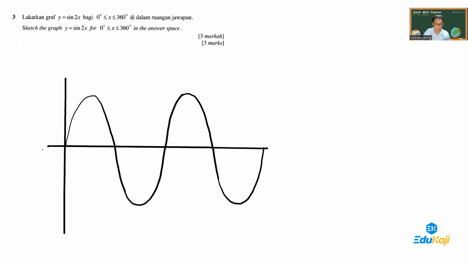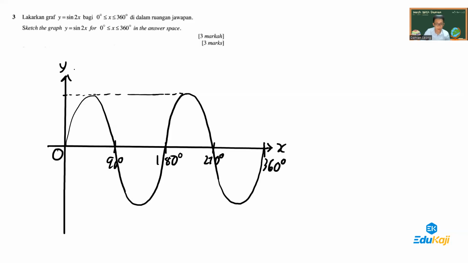Yeah, something like that. y. x here would be the 360 degrees, so each of these is separated by 90 degrees. Here is 90, 180, 270. Yeah.